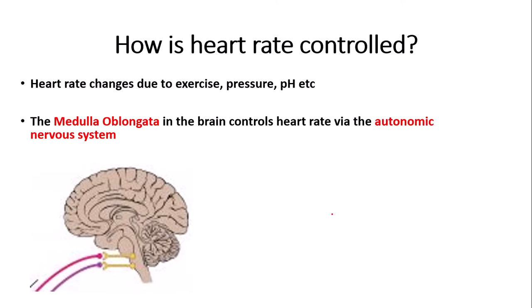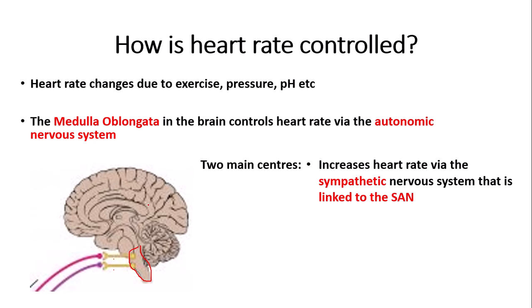So here we have an image of the brain with the medulla oblongata here. The crucial thing to note is that the medulla oblongata has two centers. So shown here, there are two centers, one here and one here. So there are two main centers. One of the centers increases heart rate via the sympathetic nervous system.